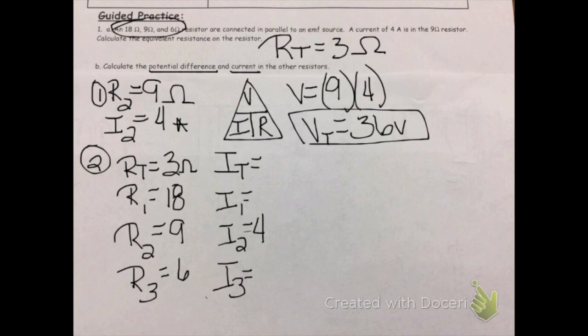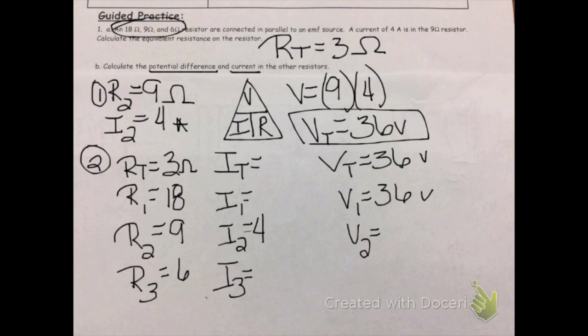Let's look at our V's. VT is going to equal 36, which also means that V1 is going to equal 36, and V2 is going to equal 36 volts, and V3 is going to equal 36 volts, because in a parallel circuit, all your V's are equal to each other.